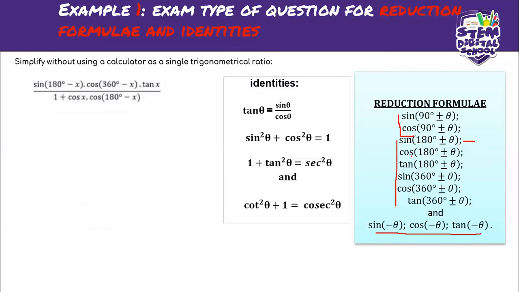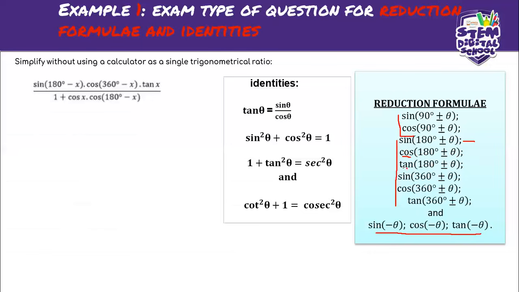Then we move to cos into 180 plus theta. Third quadrant, cos is negative. So our answer is going to be negative cos theta. Cos, again, cos into 180 minus theta. Which quadrant? Second quadrant. Cos is negative. So our answer is going to be negative cos theta.